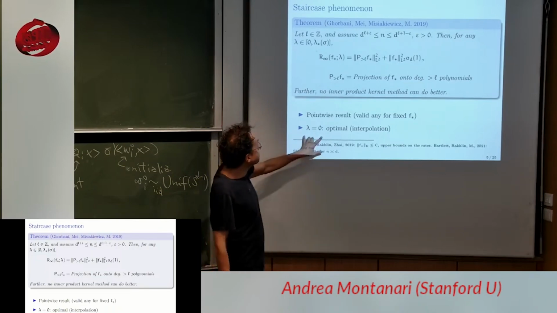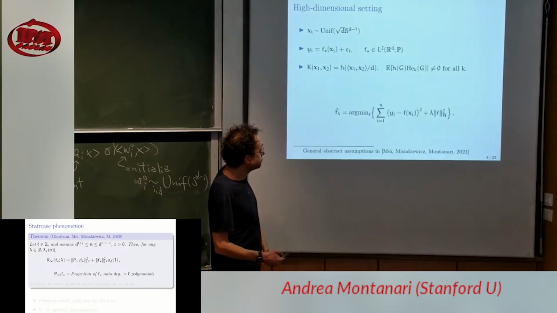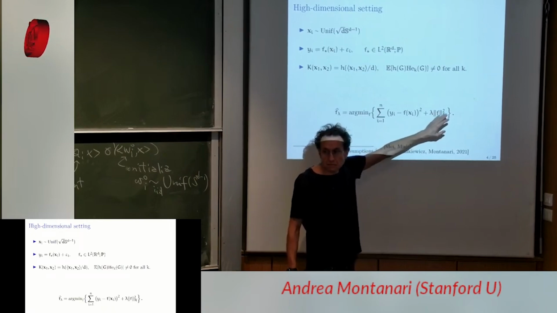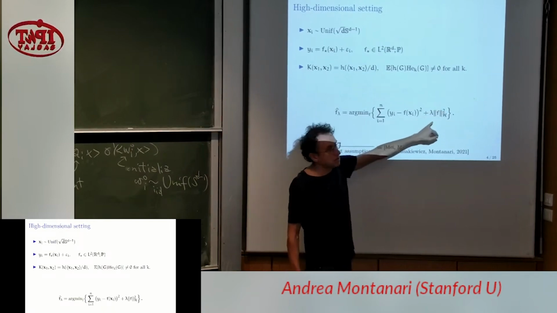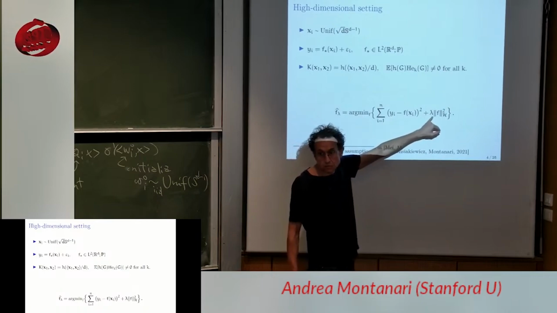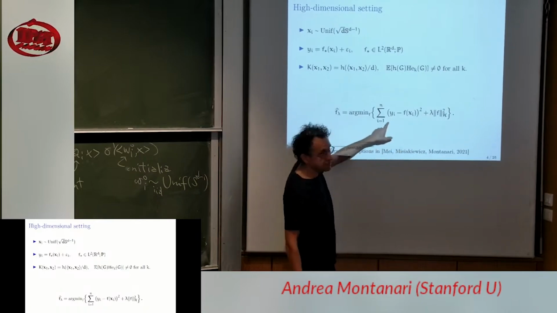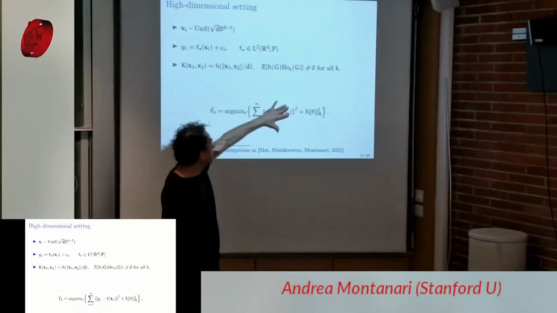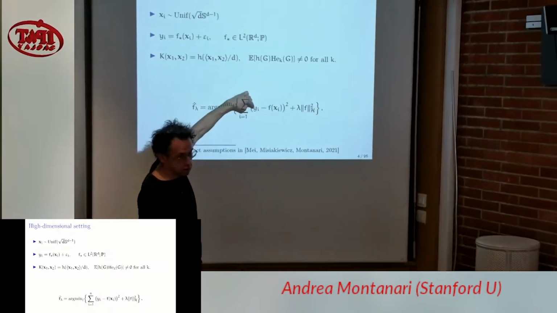So what does lambda equals 0 mean? In my ridge regression formulation, it means that I'm letting this penalty go to 0, and therefore I'm minimizing first of all this guy. Think of multiplying by 1 over lambda, so this gets much more important than this guy. So you are fitting all the data points.